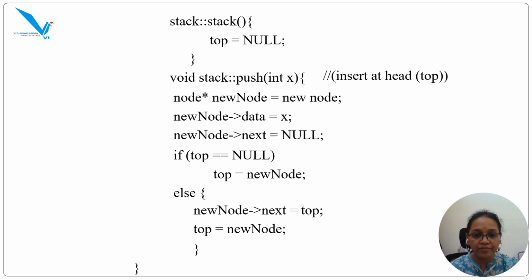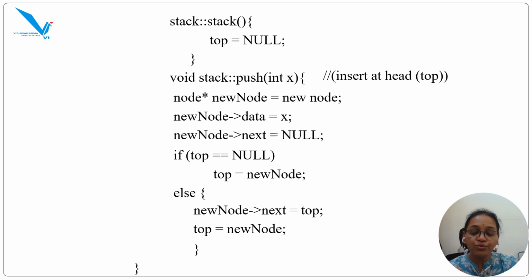First node is created. Then if your top is equal to null, that means if this is the first node on the stack, then what you have to do? Top is equal to new node. On the top, you have to put that new node. Else, if the stack contains some elements, then you have to say new node of next is equal to top, and then top is equal to new node.